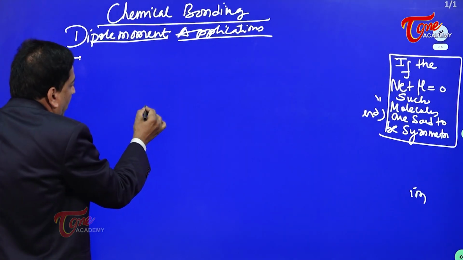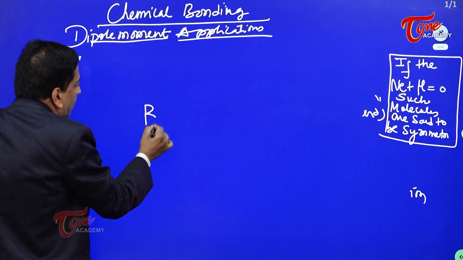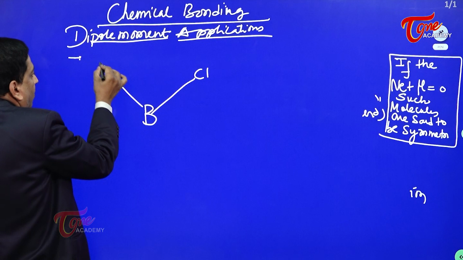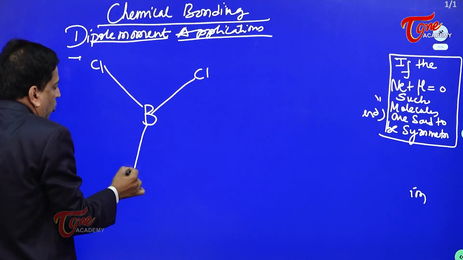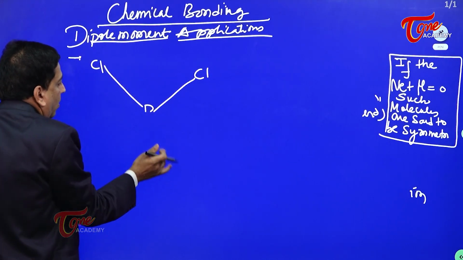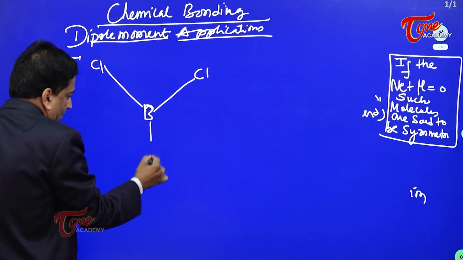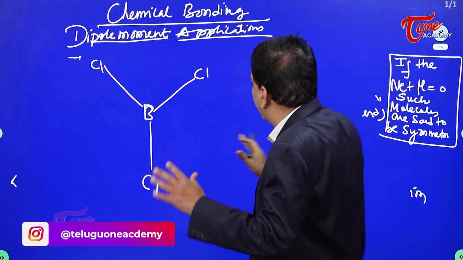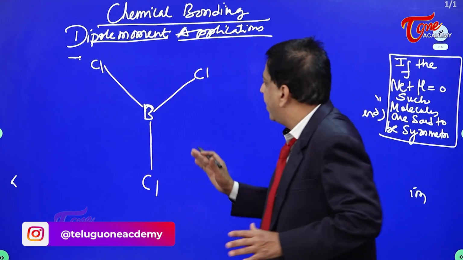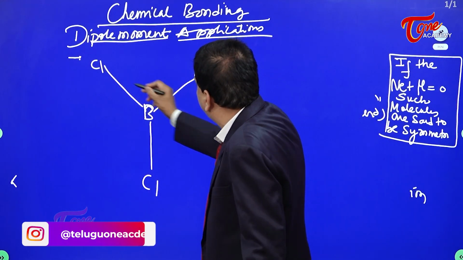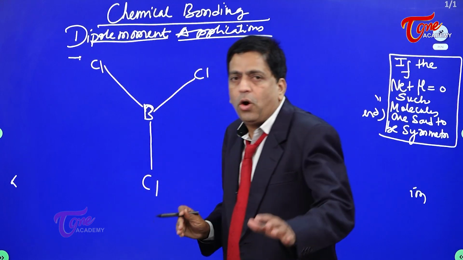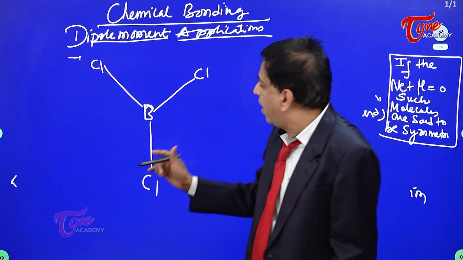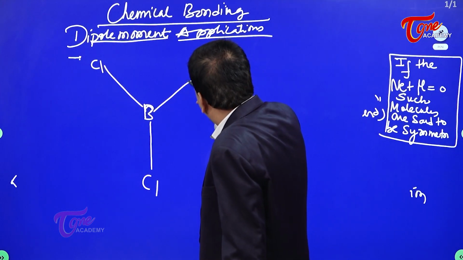Let us take the case of BCl3. This is BCl3. This is triangular planar. You must understand, this is triangular planar. And now if you see, you have 3 bonds, and all the 3 bonds are polar. Polar means you have unequal sharing of bond pair.